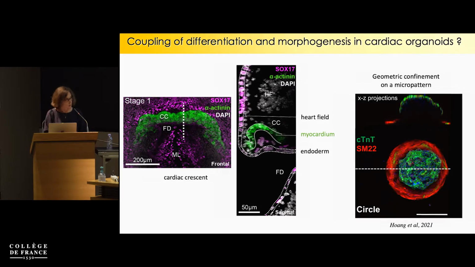Because when people have plated the stem cells under confinement, so using a circular micropattern, they have seen something which I found interesting, which is the detachment of these myocardial cells from the dish compared to the red cells, which are less differentiated.